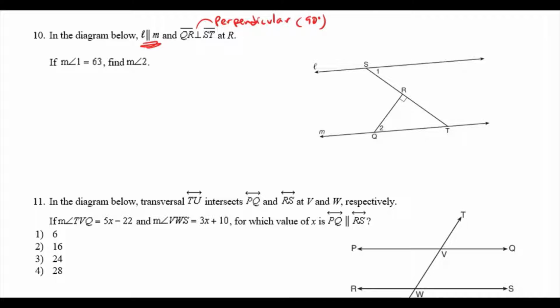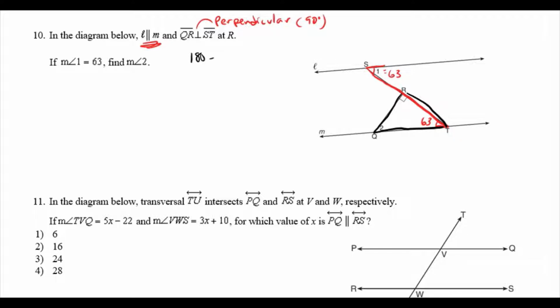Now remember, when the lines are parallel, our favorite letter to look for is the Z. So I can see that these two angles are equal. Okay, so if one is equal to 63, then this angle is also equal to 63, and I'm looking for the measure of angle 2, which is part of this triangle. So I know the angles of a triangle should all add to 180, so that's going to be how we're going to do this one.